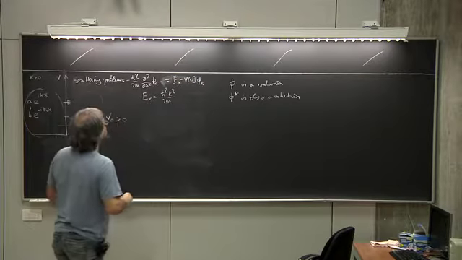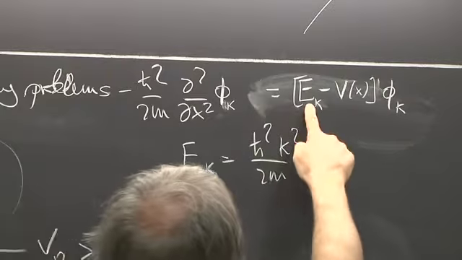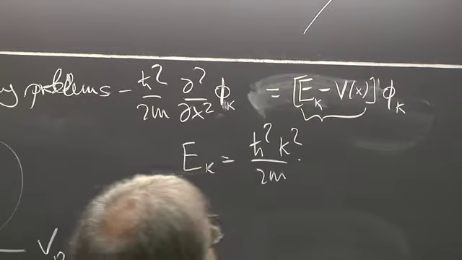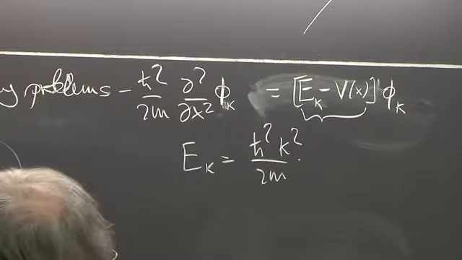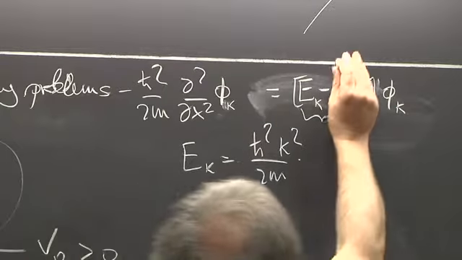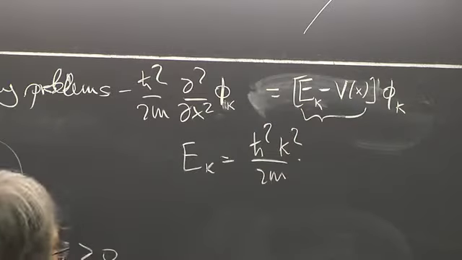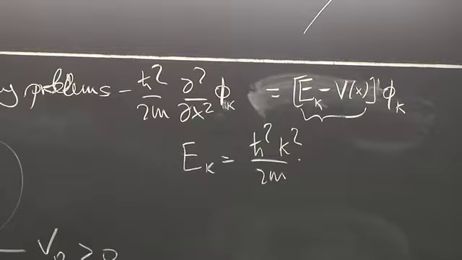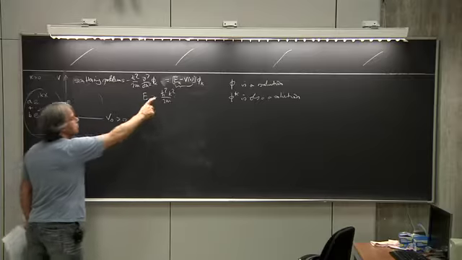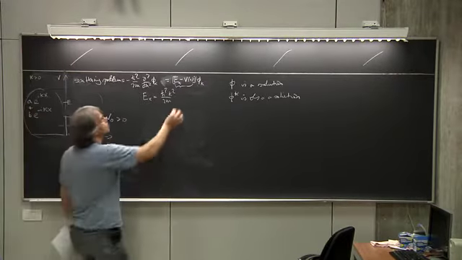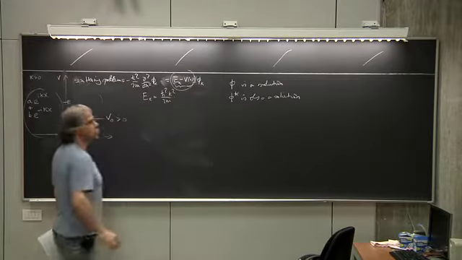Now, you see immediately that if E is greater than V0, then this is positive again, exactly like it was positive here. So on the left-hand side, E was positive, and we determined that it was related to k in this way. Now, in the second case, what you have here is also positive, so you can solve.